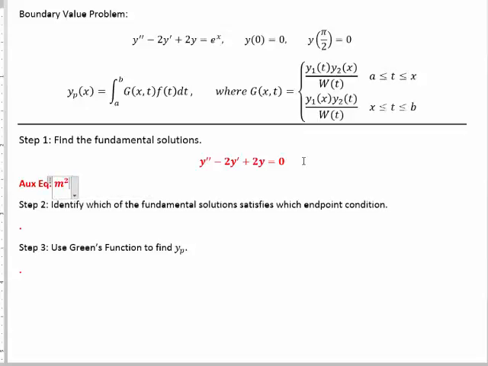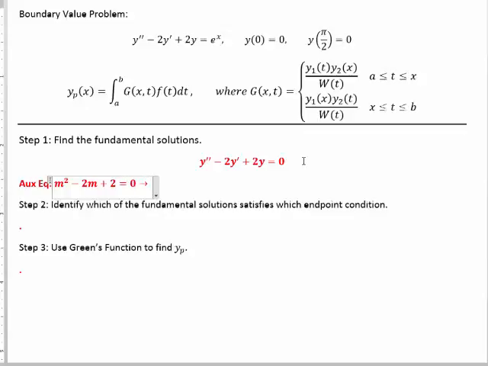This is a second order linear constant coefficients equation, so we're going to assume that our solution is e to the m times x, and then after we do some work we'll see that the auxiliary equation is this.